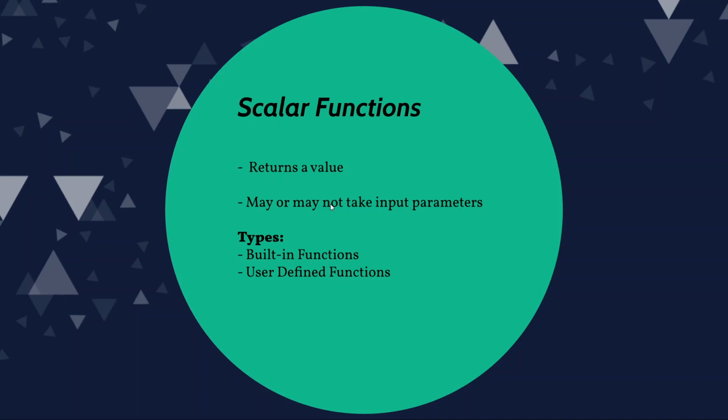What scalar functions basically do is simplify your code. For example, you may have a complex calculation that can appear in many queries. So instead of writing the complex formula in every query, you can write a function and, by passing the input values, you can get your desired result.